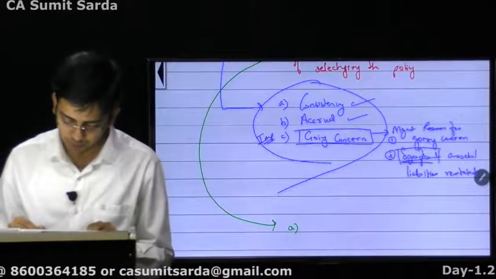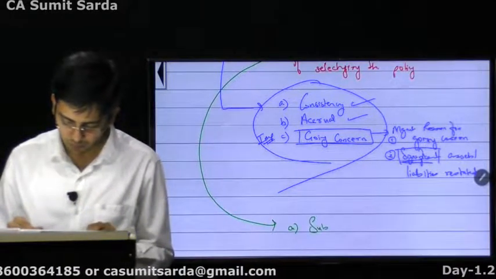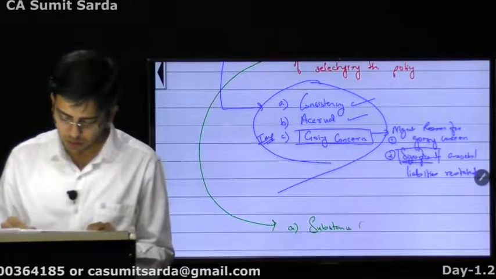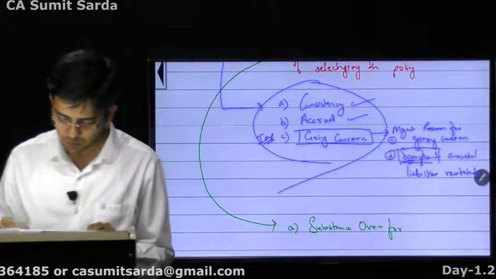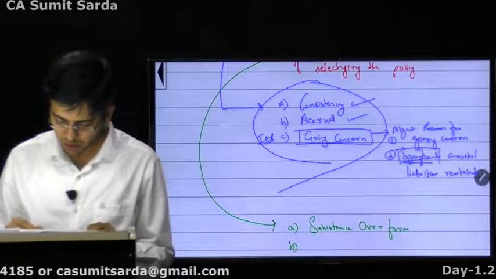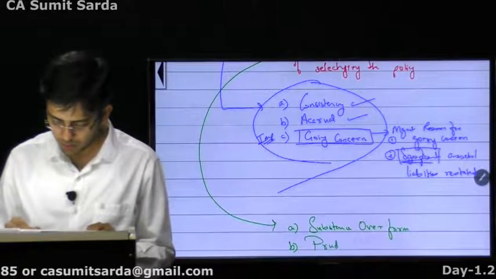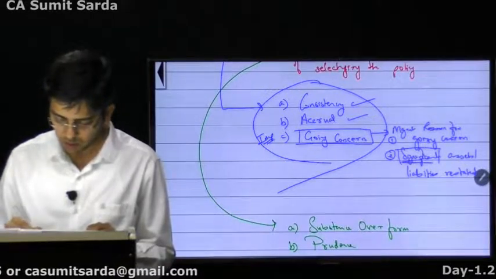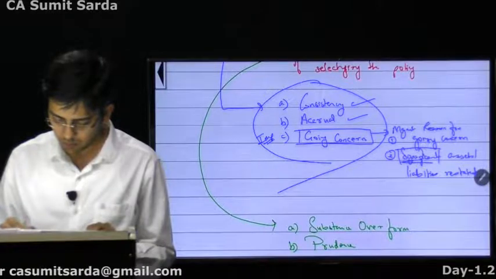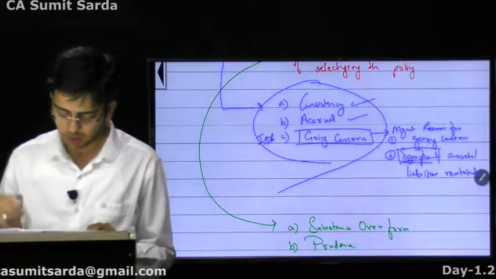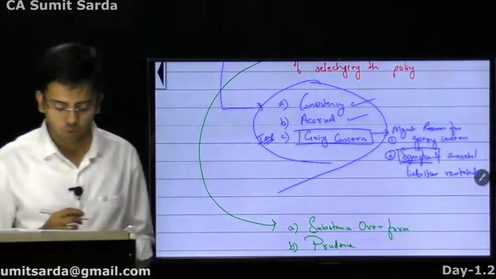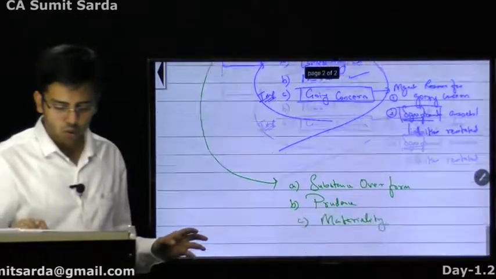First point is substance over form. Second point is prudence. And third point is materiality.